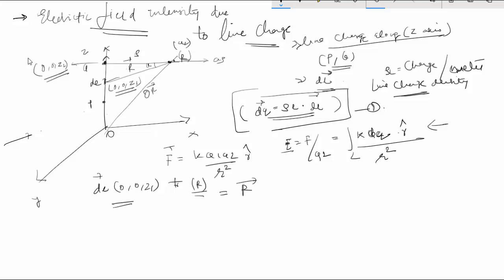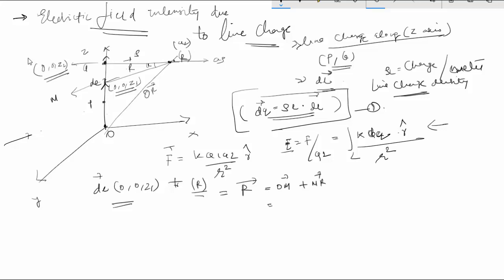The r vector is a summation of two vectors. One is from the origin to, for reference, if I give this point M, so the r vector is a summation of the OM vector plus the MR vector.